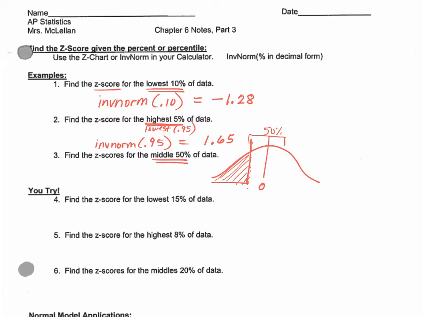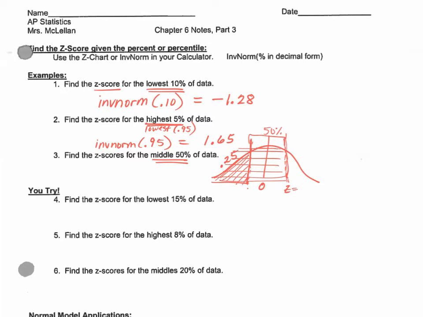So that lowest area is 0.25. It almost makes me think of the box plot situation. And here is the middle 50%. So if this is the middle 50%, then this z-score here is going to have how much below it? It's going to have that 0.25 plus the 0.5.